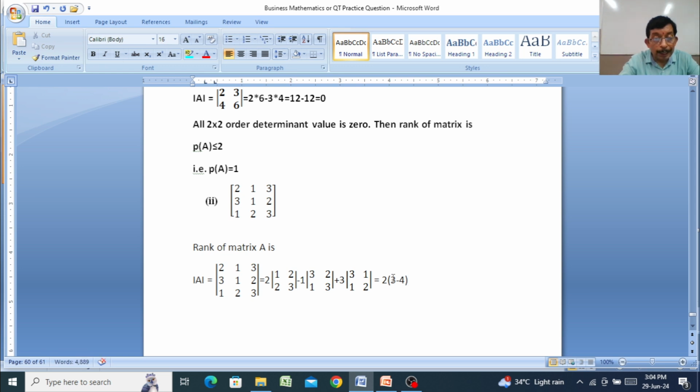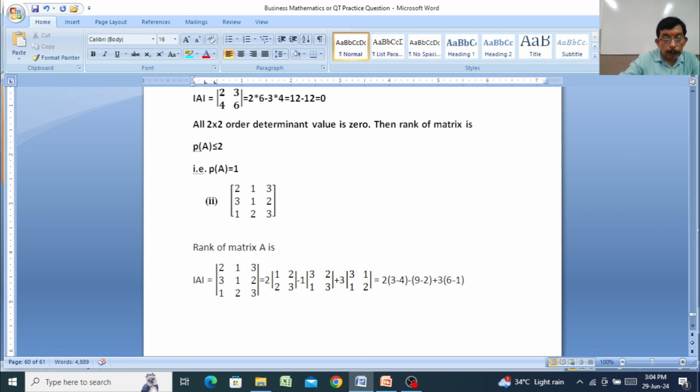Now we take the minus sign and the bracket starts: 3 times 3 is 9, the difference of the cross multiplication elements, 3 times 3 is 9 minus 2 times 1 is 2, bracket close. Now the last cofactor is multiplied by 3, plus 3, bracket start. The first diagonal elements 3 times 2 is 6 minus 1 times 1 is 1, bracket close.